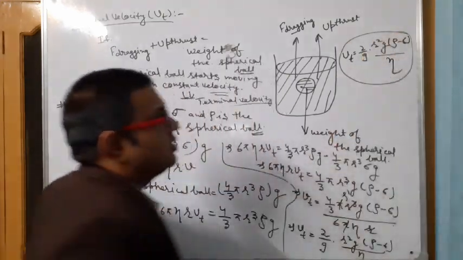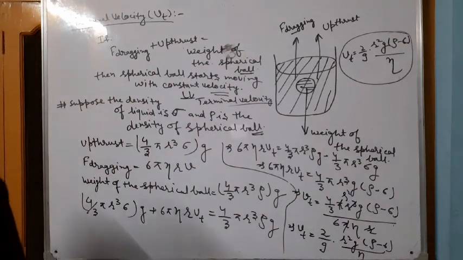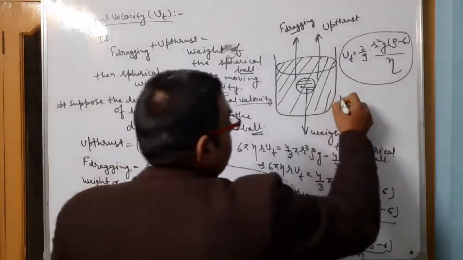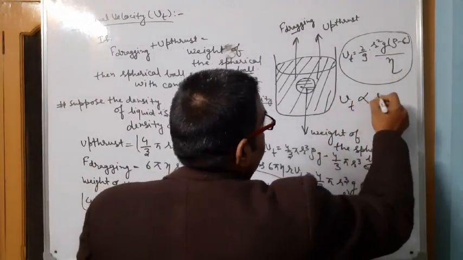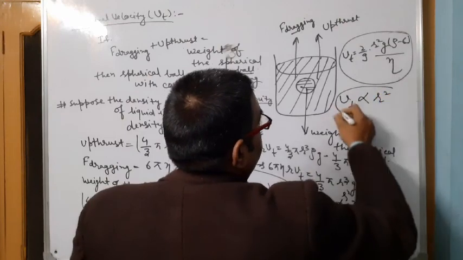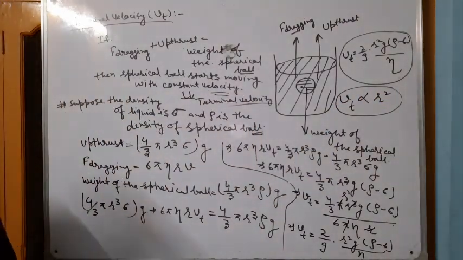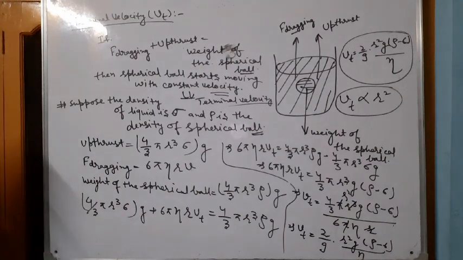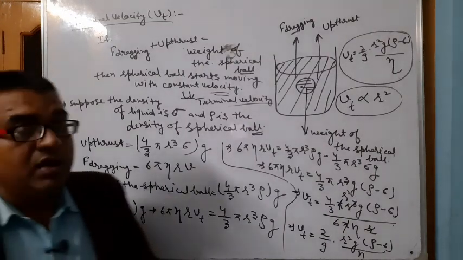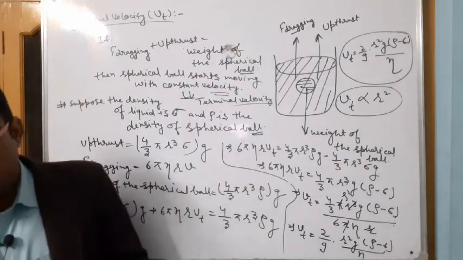This is the terminal velocity. What you are seeing is that terminal velocity is directly proportional to the square of the radius of the spherical ball. So dear students, this is all about the terminal velocity.